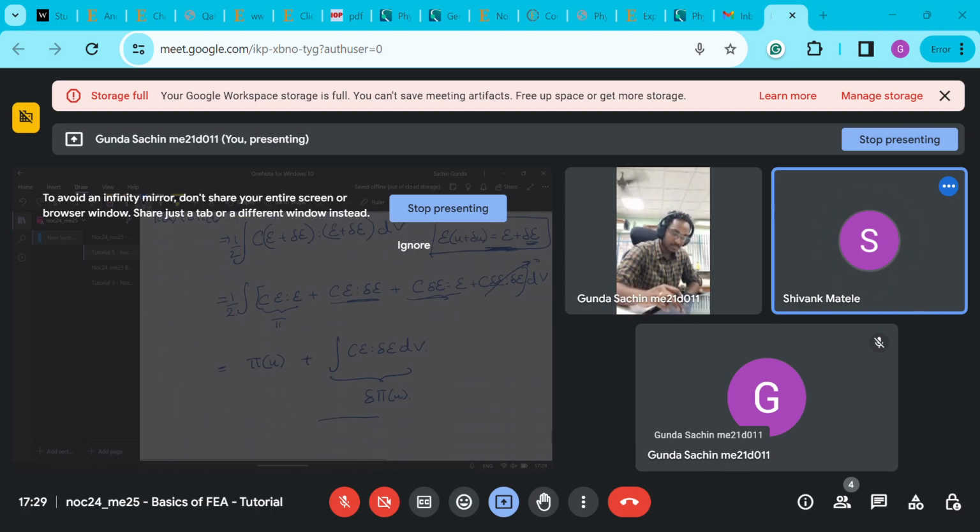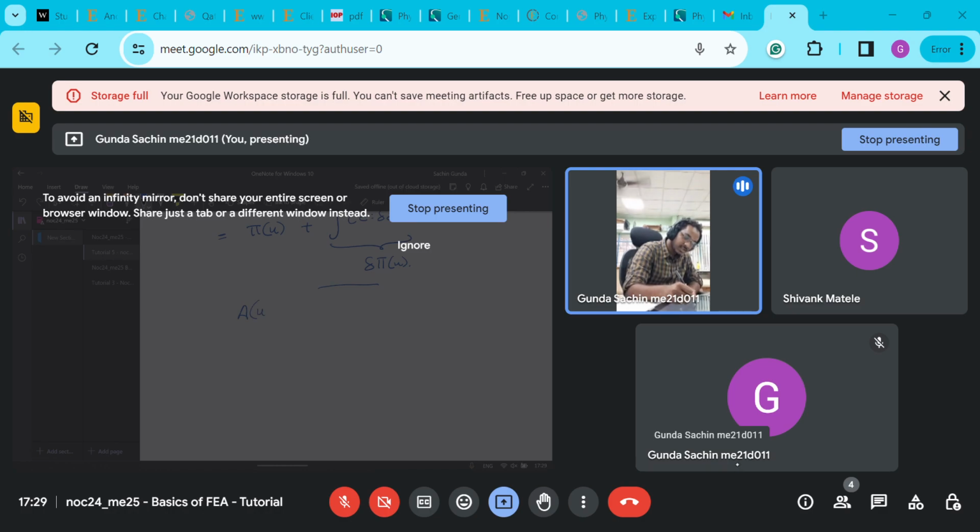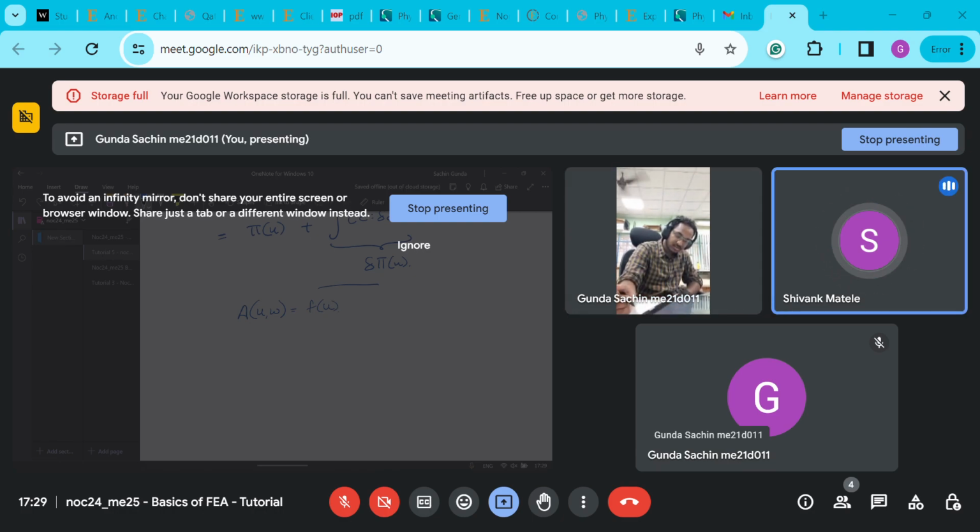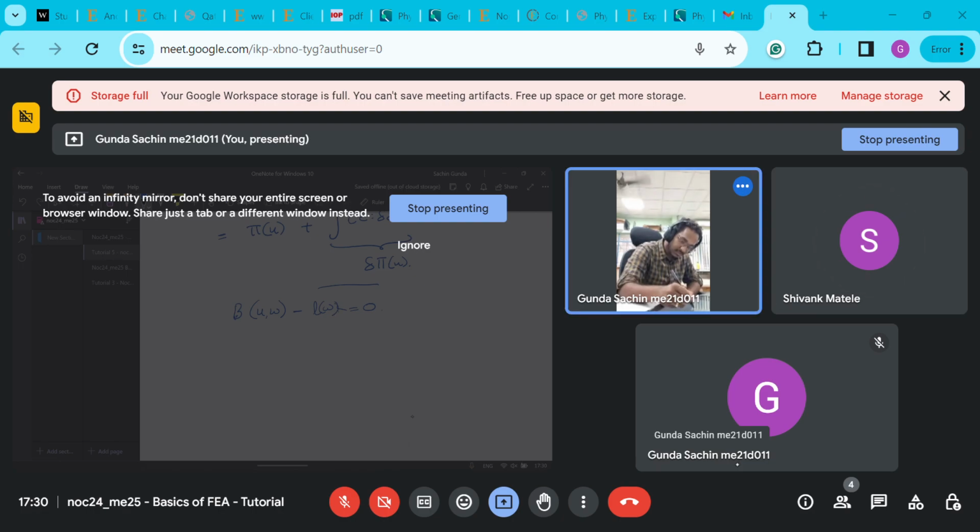When we develop this in our equation, on one side we get some bilinear function of u and v, minus some linear function of w, equals 0. So it is B(u, w) minus L(w) equals 0, with b for bilinear and l for linear, which is easy to understand.